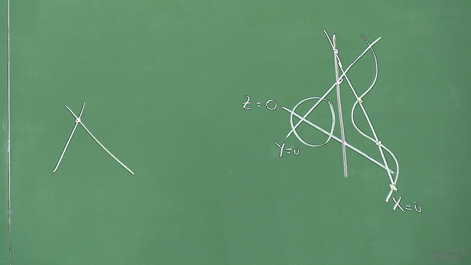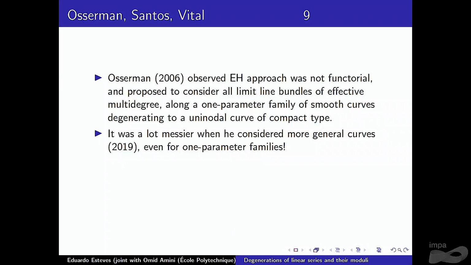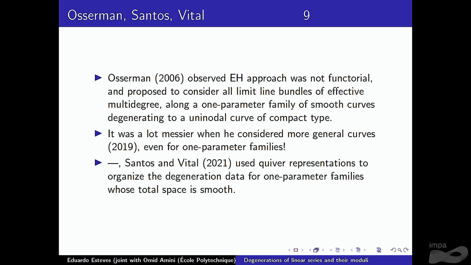Then he generalized that, but it became a lot messier for one-parameter families, with Renan Santos and Eduardo Vital, ex-students of IMPA. We used equivariant representations to organize this degeneration data. But we were restricted by this condition that the total space of the family is smooth.